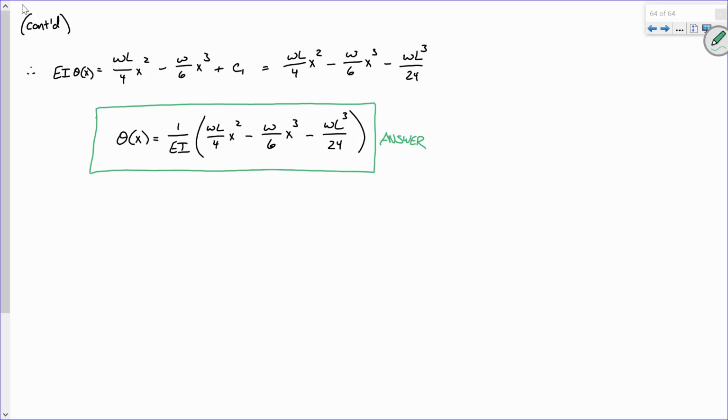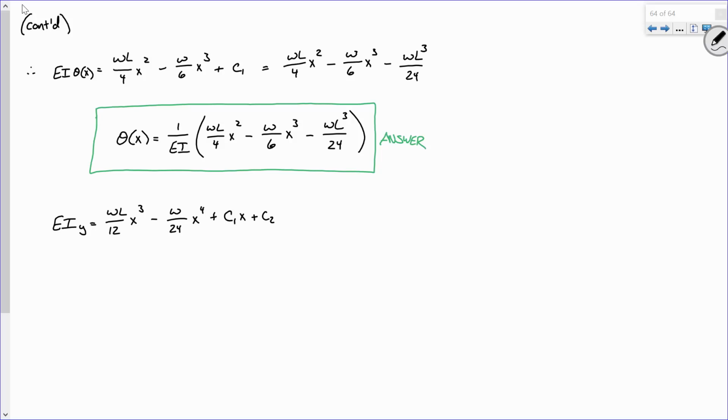Okay? Now, EIY is what? Let's see. WL over 12 times x cubed minus W over 24 times x to the fourth plus C1x plus C2, right?